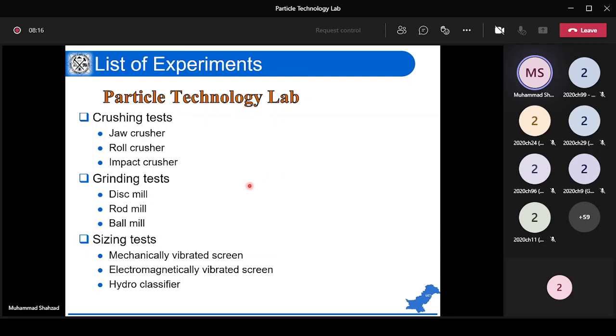We will perform tests on each. These machines are being used at industrial level. So we are going to perform experiments on these machines. Our main focus, what will be the main focus? We are going to study that machine and then perform an experiment.